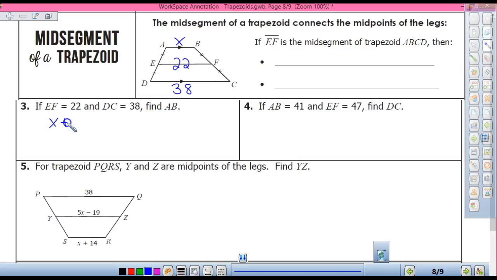X plus 38 divided by 2 equals, what's the F? 22. So get rid of your denominator. X plus 38 equals 44. So you're multiplying both sides by 2. X equals 6.